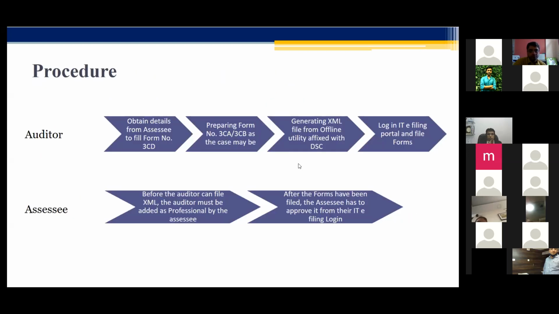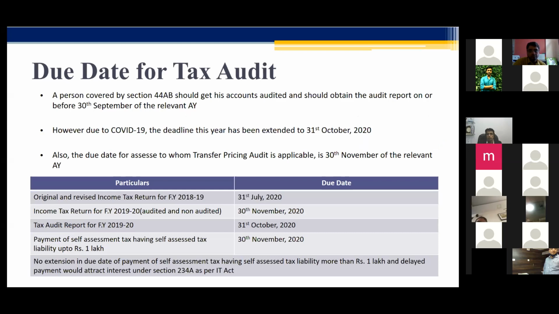Due date of tax audit. A person covered by section 44AB should get his accounts audited and should obtain the audit report on or before 30th September of the relevant assessment year. Now I would like to point out here that if you remember, during the budget, from assessment year 2021, which is applicable for financial year 19, there was an amendment made which stated that 44AB audit reports should be filed 1 month before the due date prescribed for the filing of income tax return.